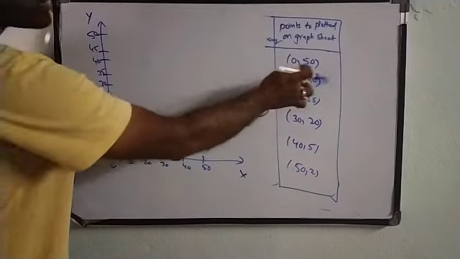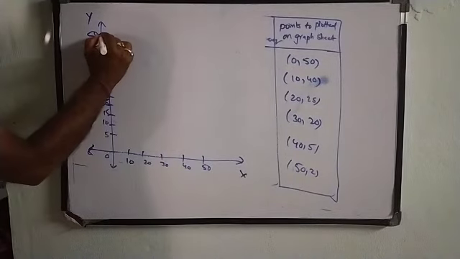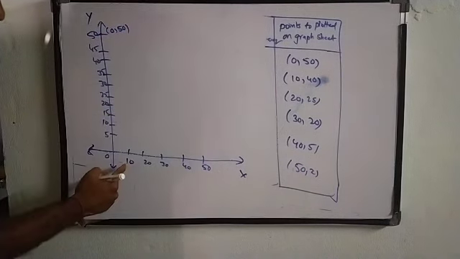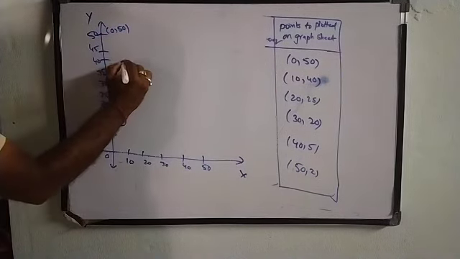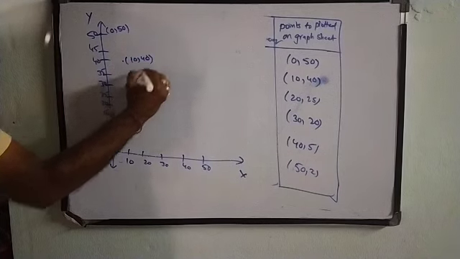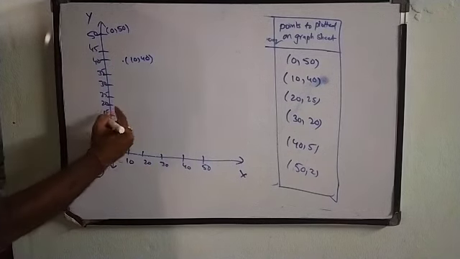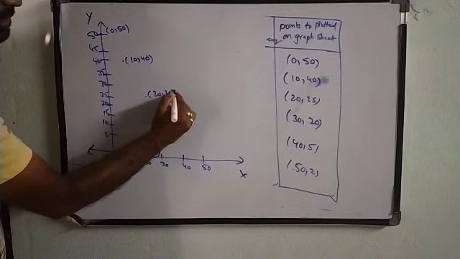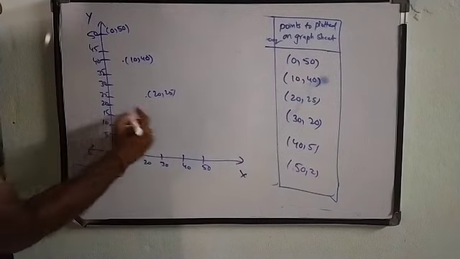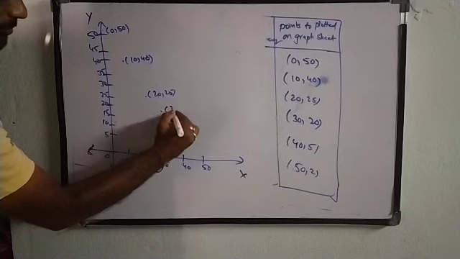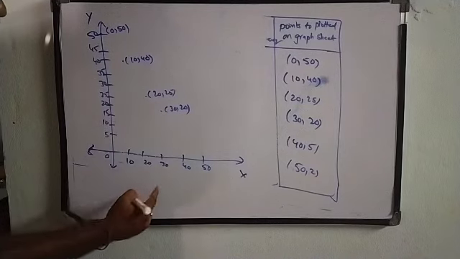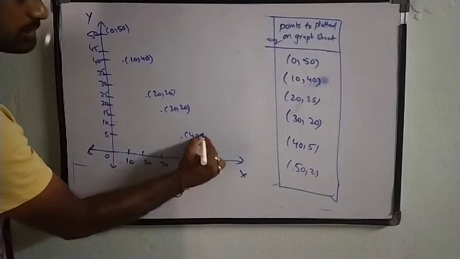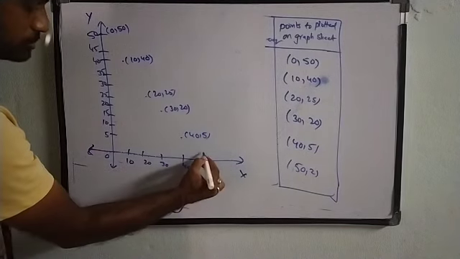So let us plot the points 0, 50. So the first point is here, 0, 50. Next, the second point, 10, 40. So 10, 40 is here. Next 20, 25; 30, 20; 40, 5; 50, 2.